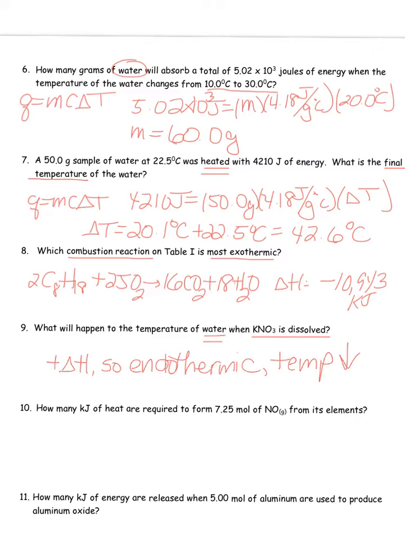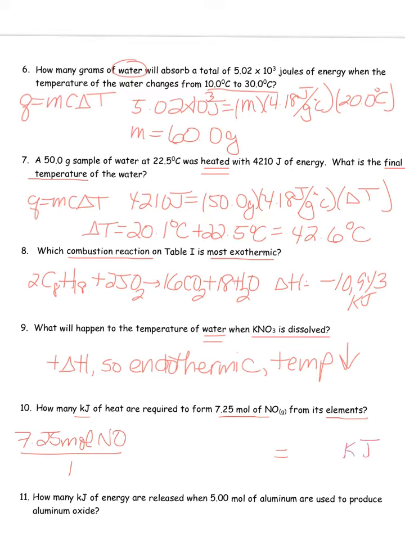Okay, for problem number 10, whenever we're asked about kilojoules and we're given a mole amount that we can tell is a reaction that's happening, we want to set this up like a dimensional analysis problem. So I'm going to start with the number that they give me, 7.25 moles, and I'm going to pay attention to the NO because that's going to be important. And I'm going to remember that I'm trying to get to kilojoules.